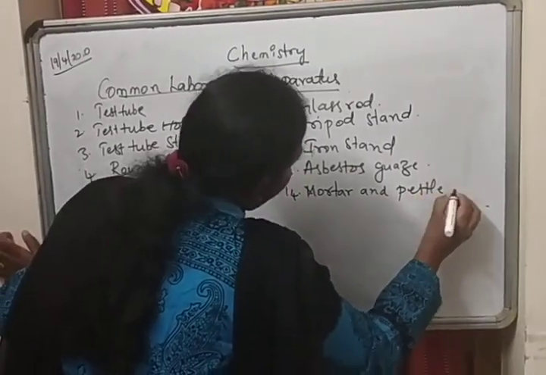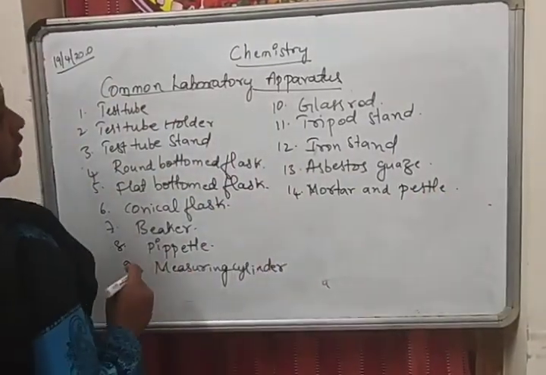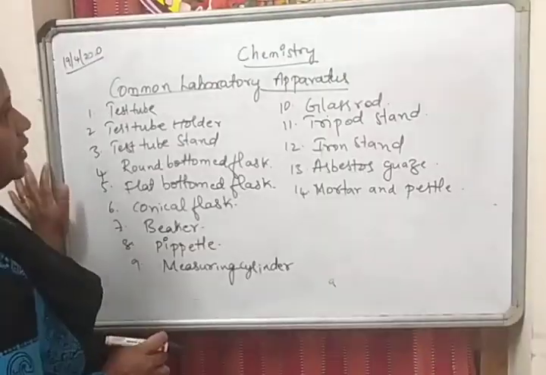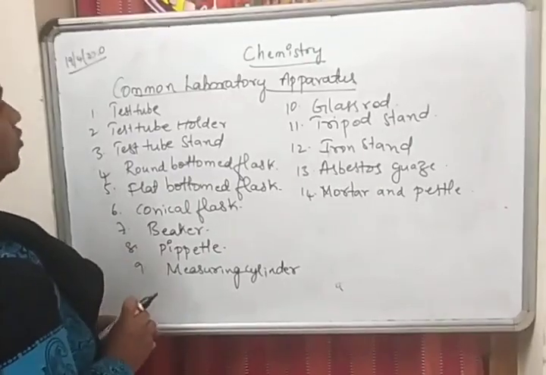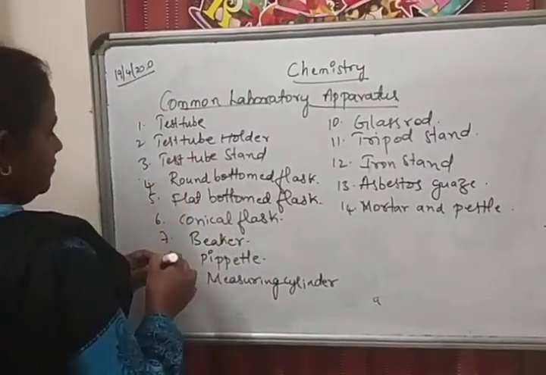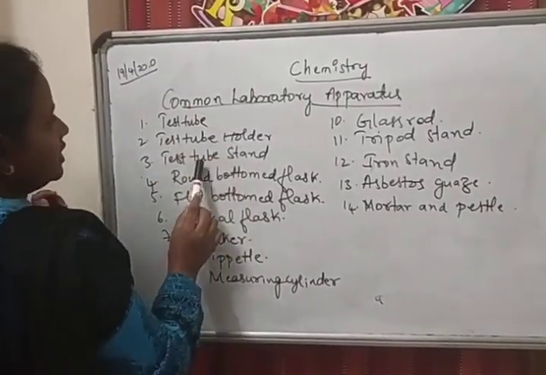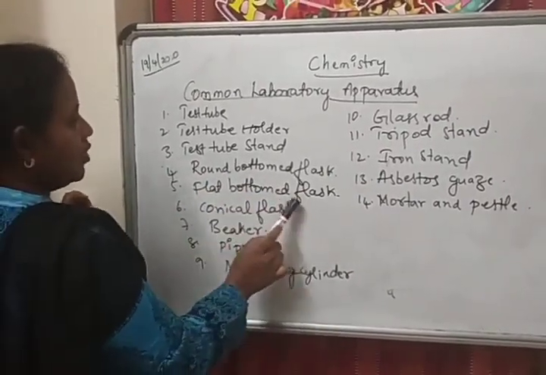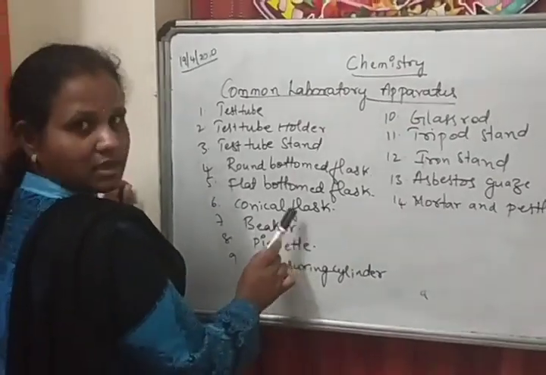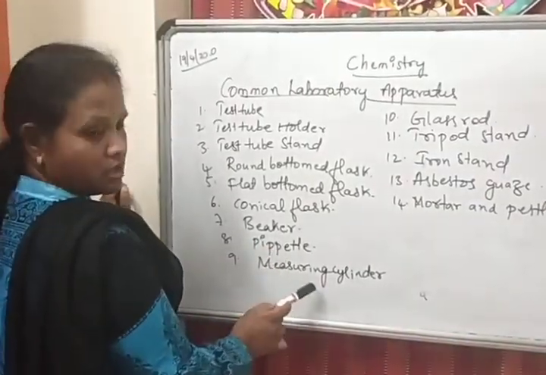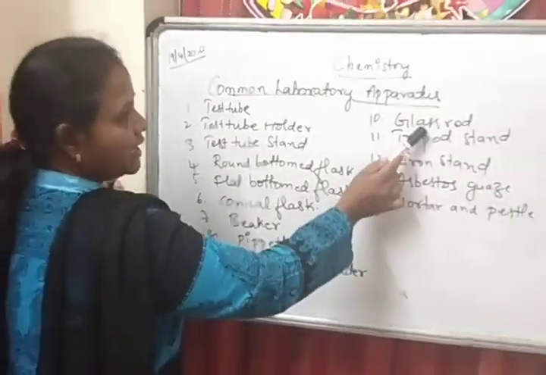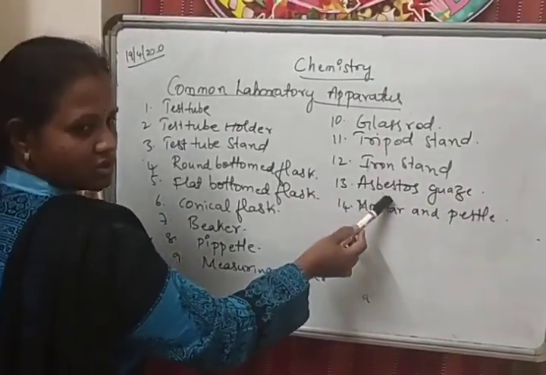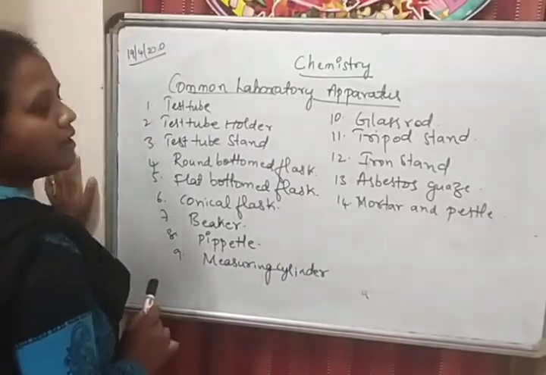There are many other apparatus, children, used in the chemistry lab. So these are some of the common laboratory apparatus used in a chemistry lab. What are they? Test tube, test tube holder, test tube stand, round bottom flask, flat bottom flask, conical flask, beaker, pipette, measuring cylinder, glass rod, tripod stand, iron stand, asbestos gauze, and mortar and pestle.